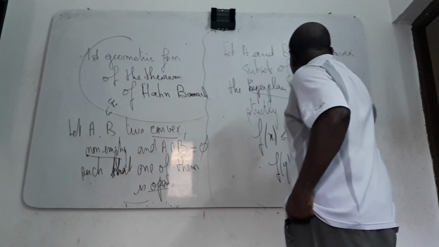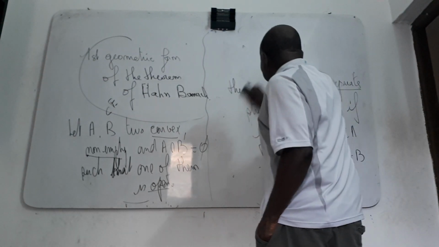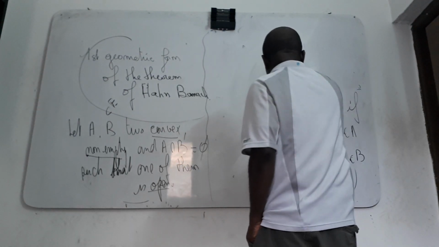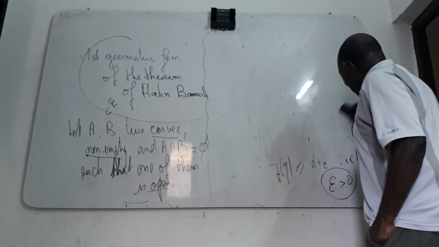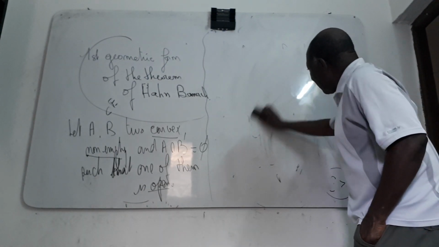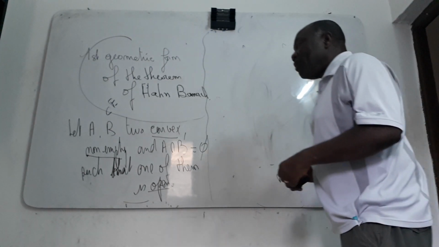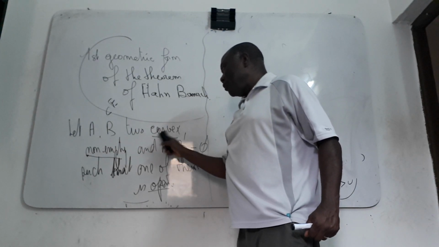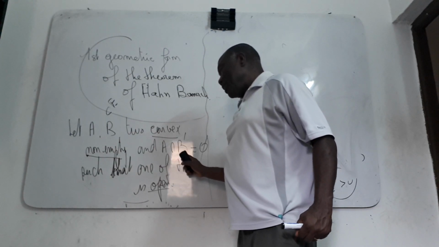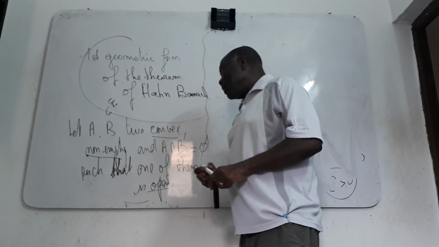Then you have this main property. So I repeat again, when you have two convex sets in E, not empty, disjoint, such that one of them, A or B, is open, then you have this one.